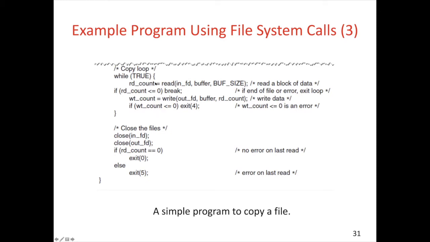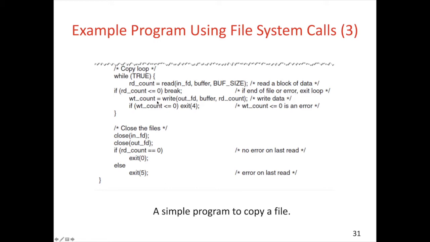Read count is set as the return value of the read system call, with inFD, buffer and buffer size. Read a block of data from the file described by inFD. If read count is less than or equal to 0, break and go out of the loop. If end of file or error, exit the loop.